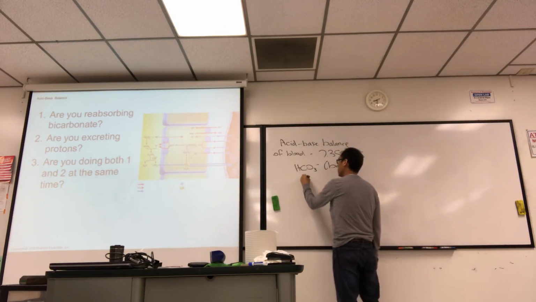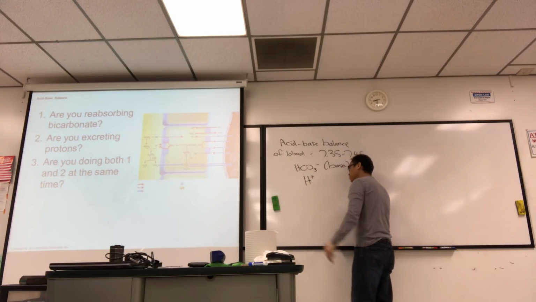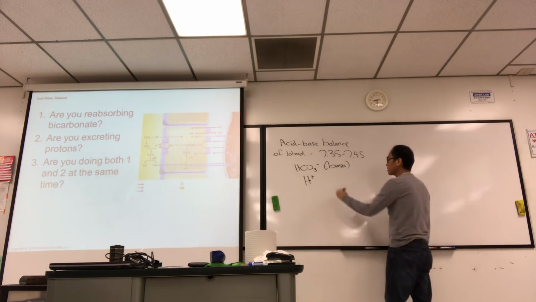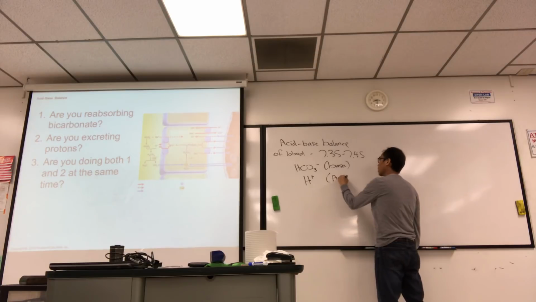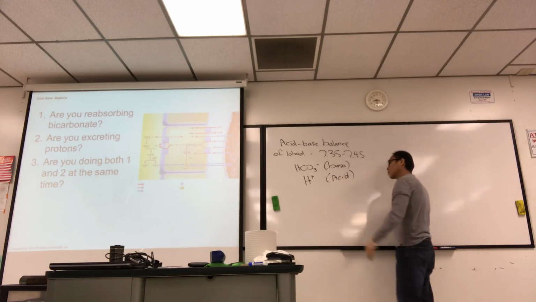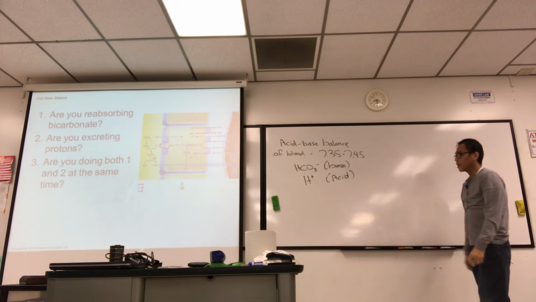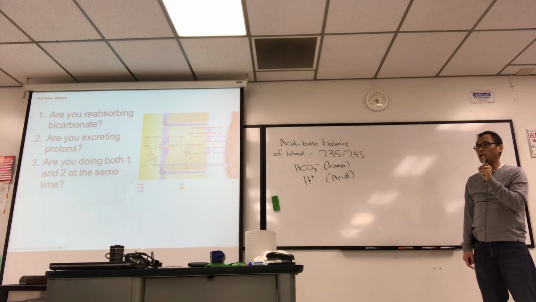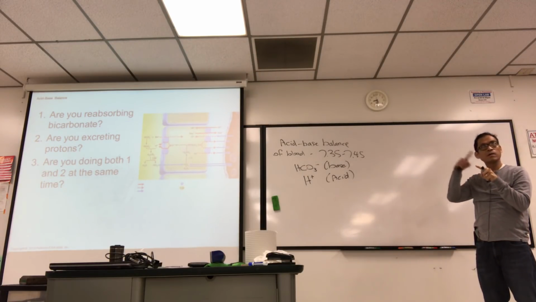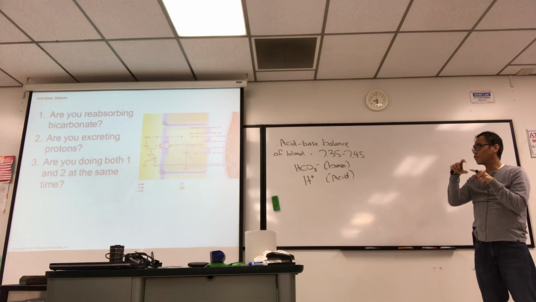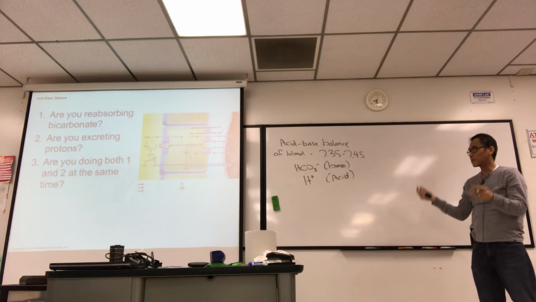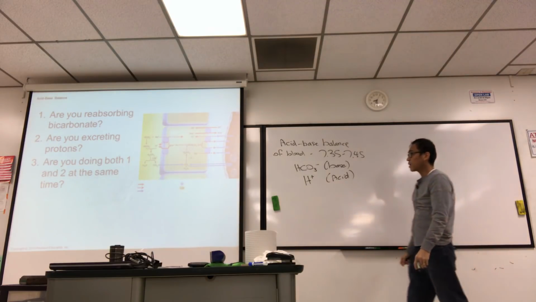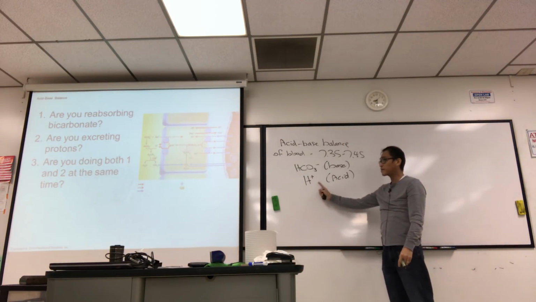A proton is a hydrogen ion. That's our acid. Because a hydrogen atom is a one-proton nucleus surrounded by one electron. So if you remove the electron, you have a proton. Sometimes I call them protons, sometimes they're just called hydrogen ions, but that's our acid.